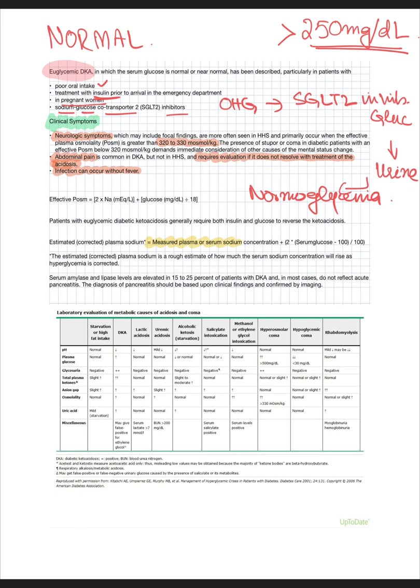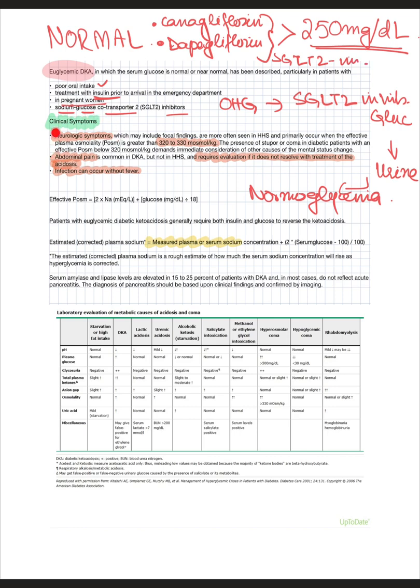Some of the examples of these drugs are canagliflozin or dapagliflozin. So these gliflozins are SGLT2 inhibitors.